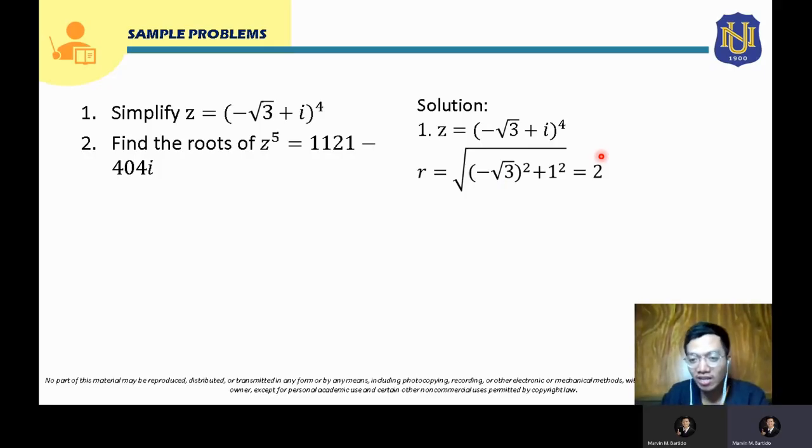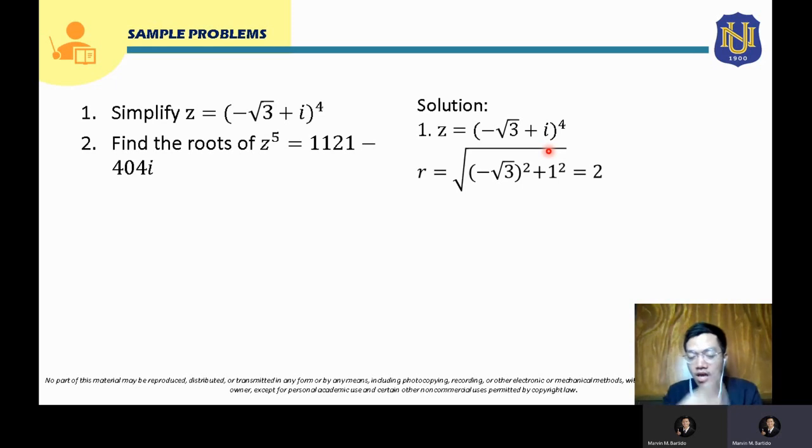Now for your theta, before solving it, you have to consider first the quadrant where your complex number is located. In this case, negative square root of 3 plus i is located in the second quadrant, right? It's located in the second quadrant because the x-coordinate is negative and the y-coordinate is positive.